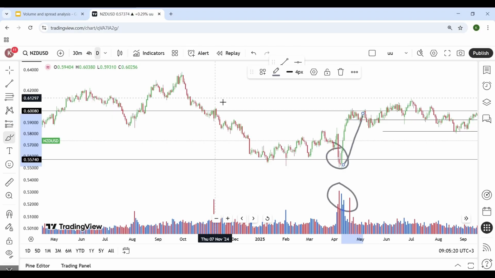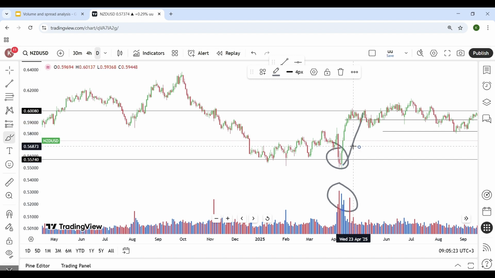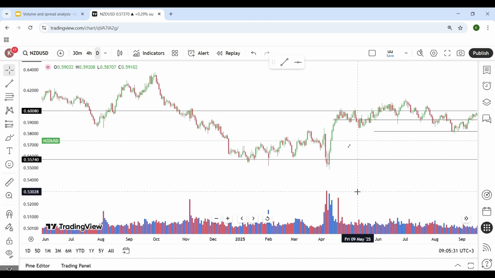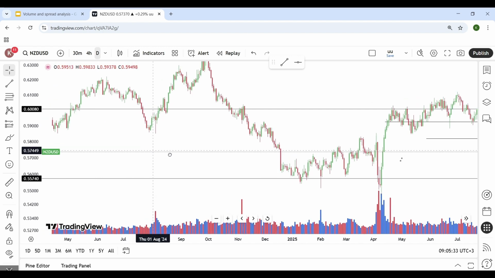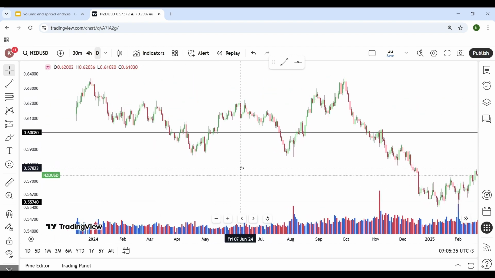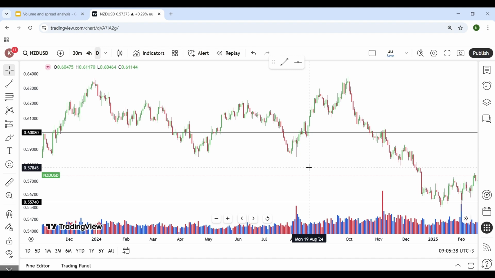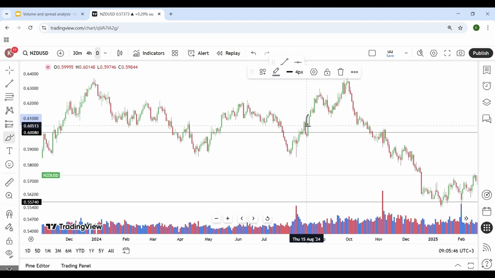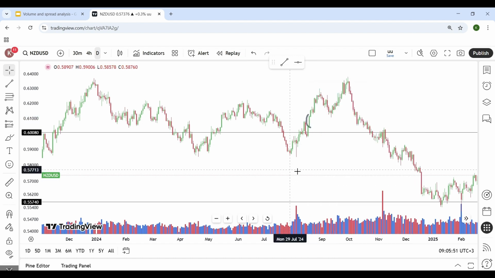So let's look at the example in this chart. Let me look at the perfect example in this chart. If we look at this bar, and then you look at this volume, the volume is big and the spread is big.